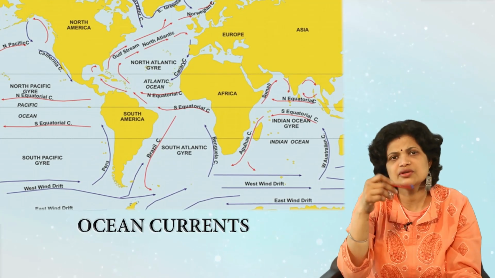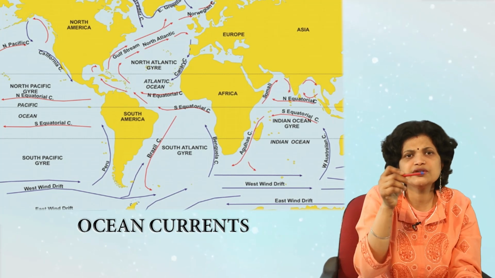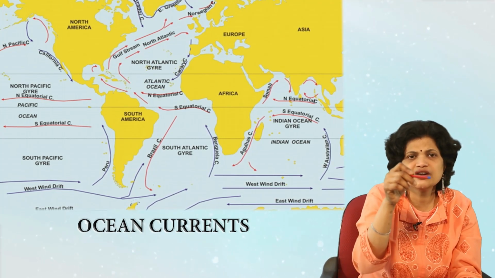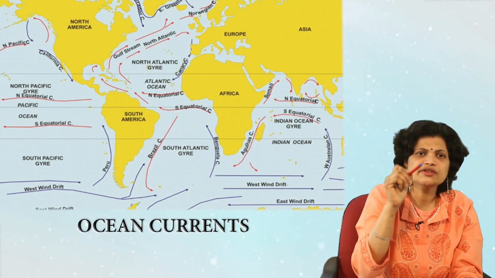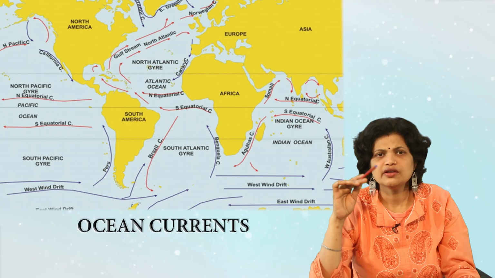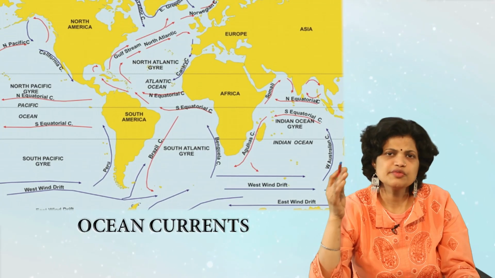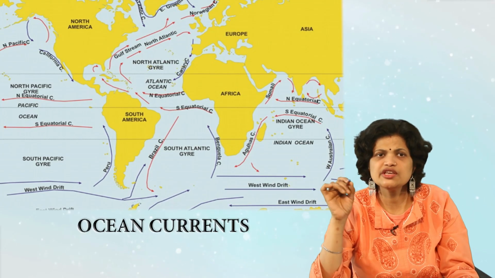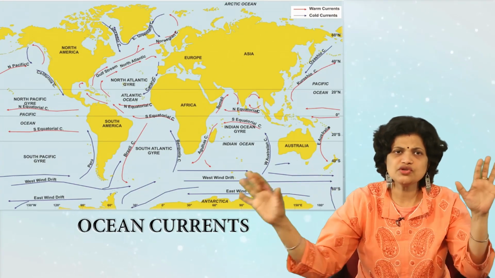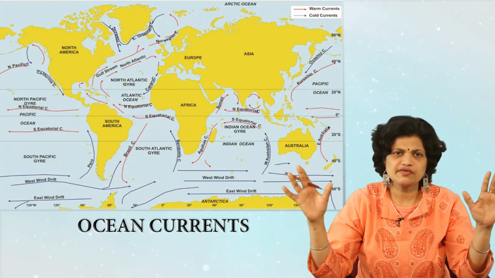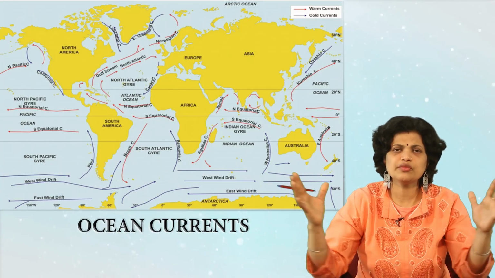There are other currents also, like Falkland current, which merges with the Brazilian current and originates from the west wind drift. In this way, an oceanic gyre is also present in the Pacific Ocean. In the world map, you see Pacific Ocean on both sides, because the globe is open from this side.